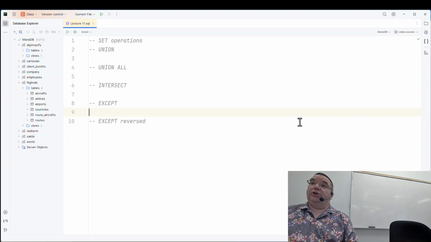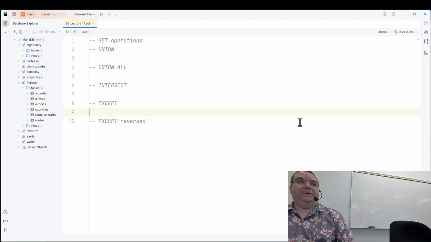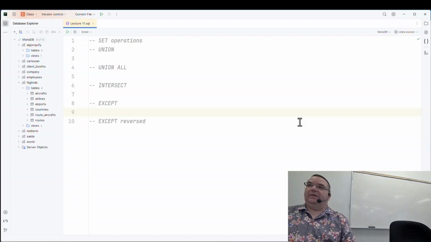The good news is that MariaDB and now the most recent versions of MySQL support all the set operations. Until about 2 years ago, MySQL didn't support two of the three because it's backwards. Postgres has had it for 20 years. Oracle and Microsoft SQL Server have also had it for a long time.